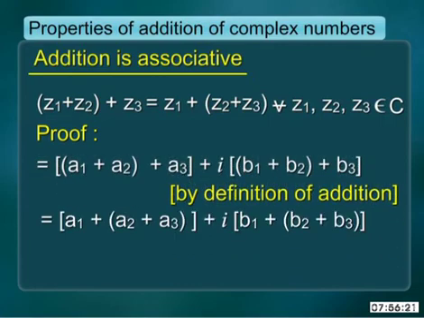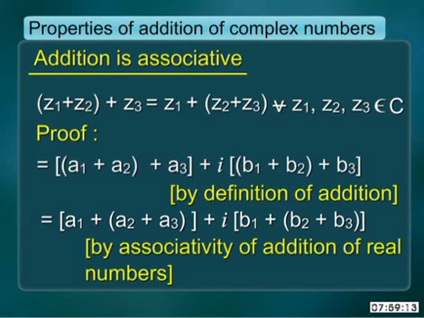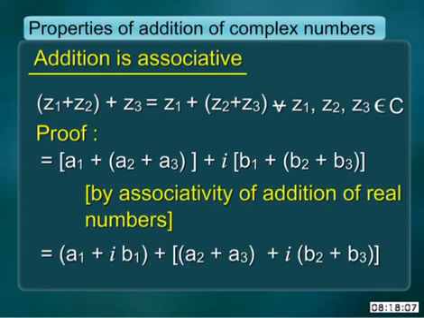Since we know that addition of real numbers is associative, therefore we get A1 plus A2 plus A3 plus iota into B1 plus B2 plus B3. By the definition of addition, we get A1 plus iota B1 plus A2 plus A3 plus iota into B2 plus B3.